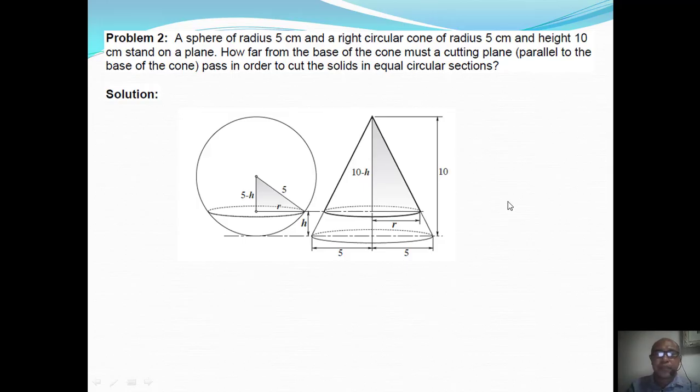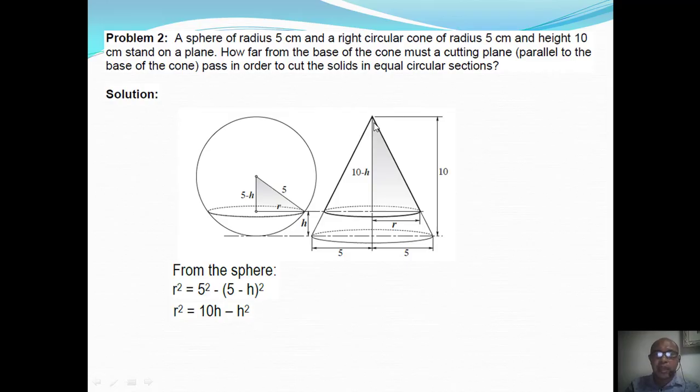From the sphere, from this triangle, we can write our equation. r squared is equal to 5 squared minus the quantity 5 minus h squared. Then we can simplify: r squared is equal to 10h minus h squared.